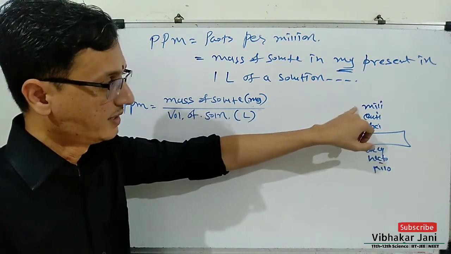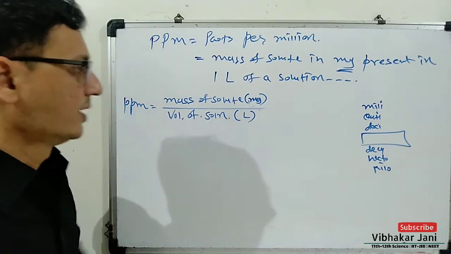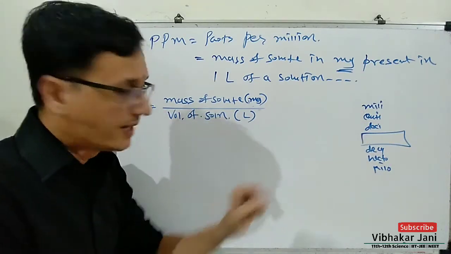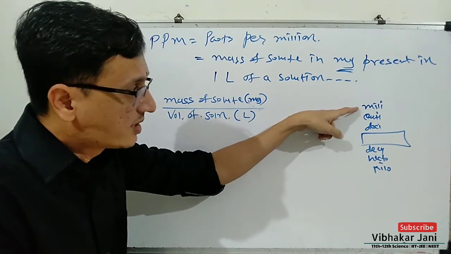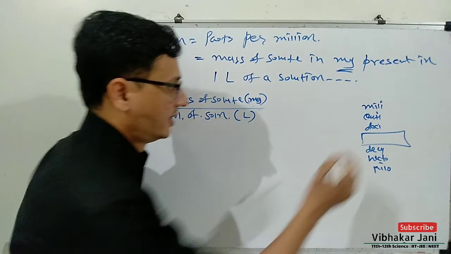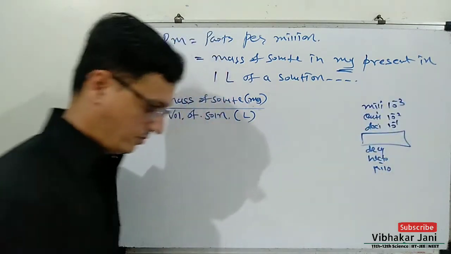Milligram is a 1000 times smaller unit than gram, because 10 to the power minus 1, 10 to the power minus 2, 10 to the power minus 3.